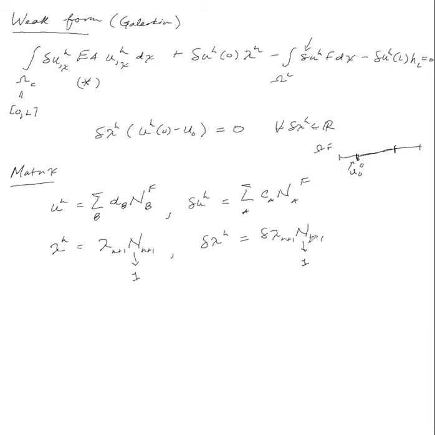Okay, now what we do is for this term up here, we're going to take this guy and plug it in here, and this guy, plug it in here. So let's go ahead and do that. And notice that these basis functions are defined over omega f, but this integral is written in terms of omega c.